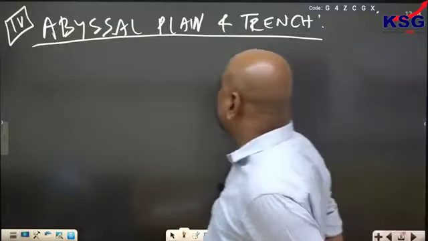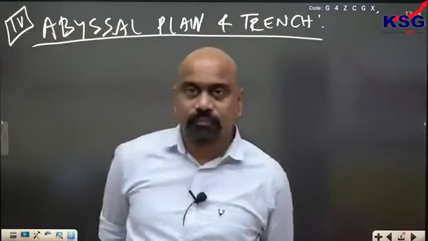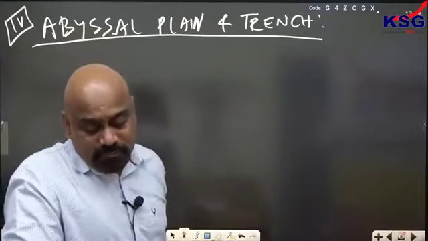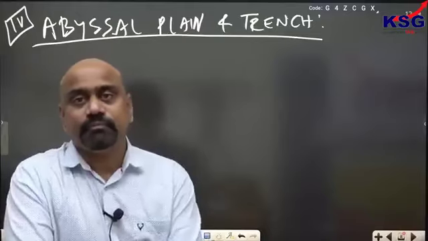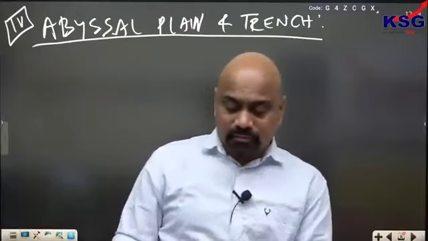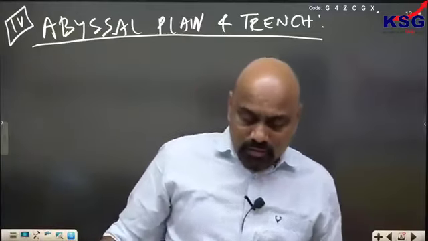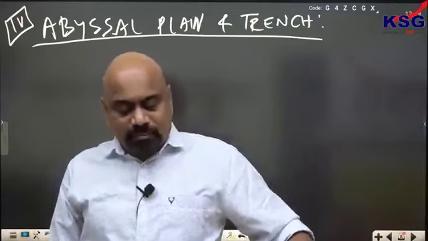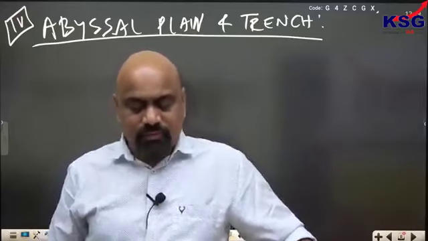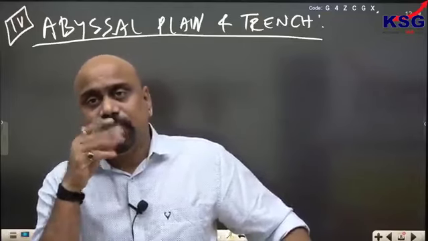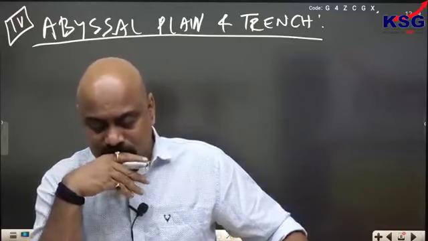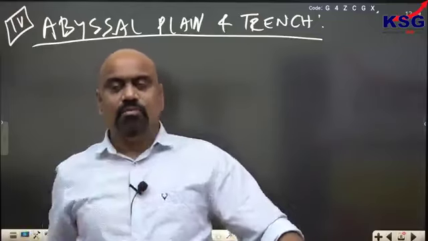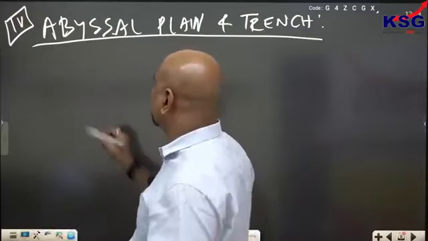What are the abyssal plain? It is the deep sea plain, okay? Again I am saying, it is the deep sea plain forming the deepest part of the ocean, flattest terrain and most extensive region.